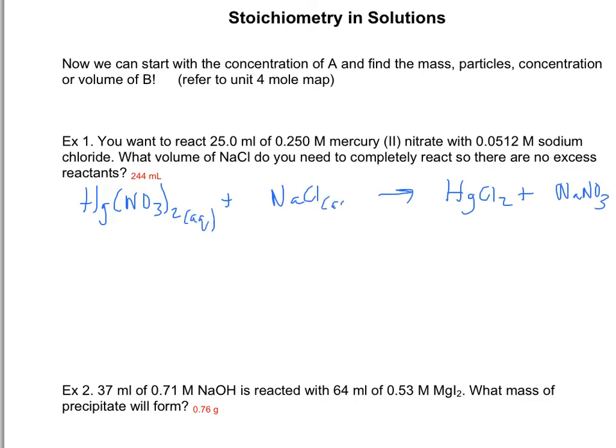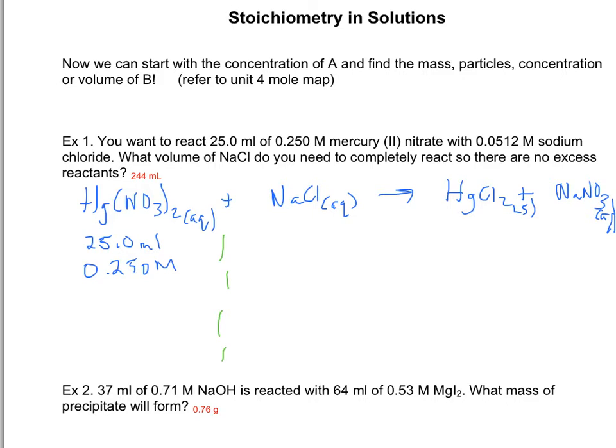This looks like it might be a double displacement, and when I check my solubility table, HgCl2 is a solid. So this is going to be a DDP. I'm just going to record the numbers that are given in the question underneath the corresponding chemical. That keeps me nice and organized.